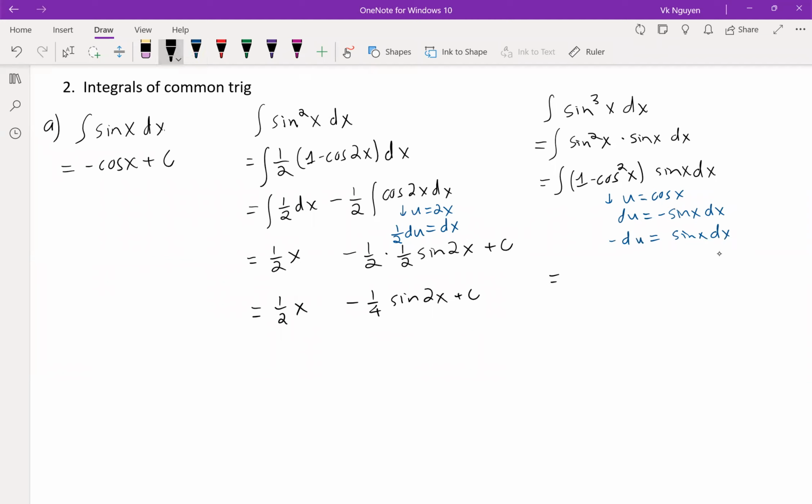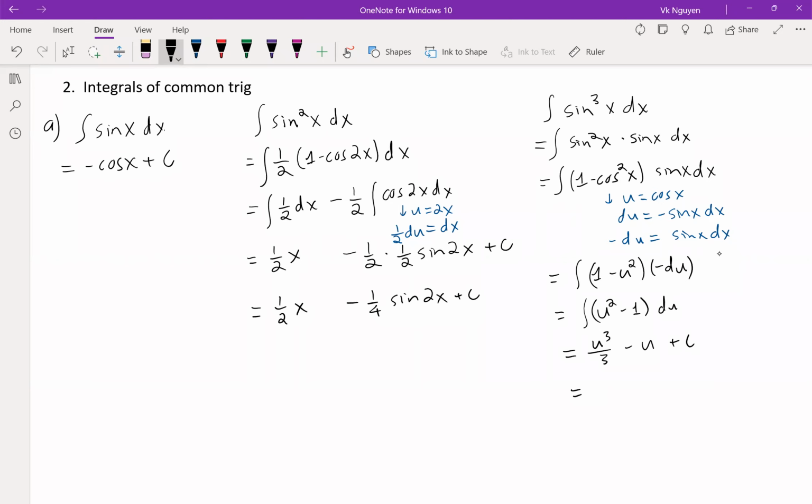So we have the integral of 1 minus u squared multiplied by negative du. So that is the integral of u squared minus 1 du. And we have u cubed over 3 minus u plus c.